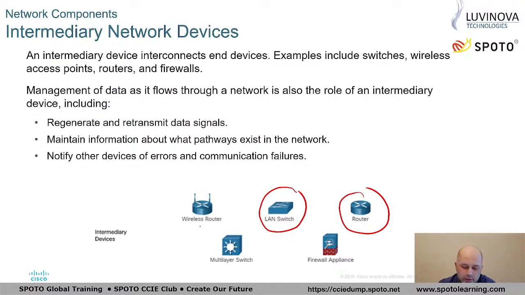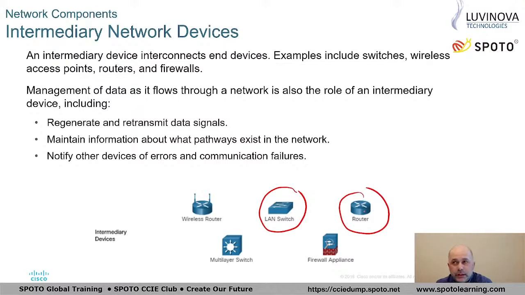I would like to point out that we're going to talk about LAN switches, or just a switch, and routers, because those are core intermediary devices in any network. Of course, there is a wireless router, but the principle for all those devices is the same.